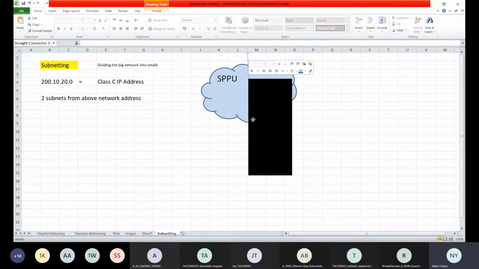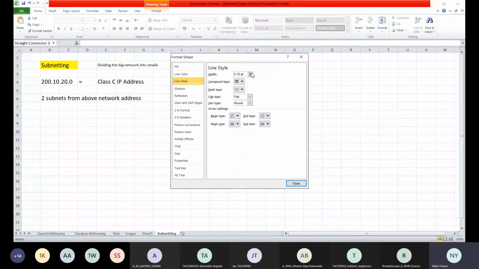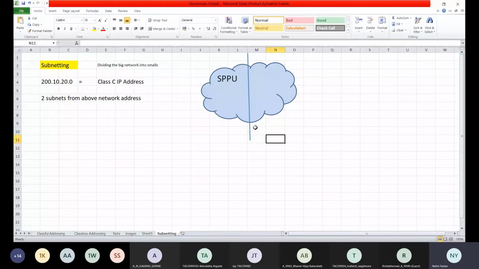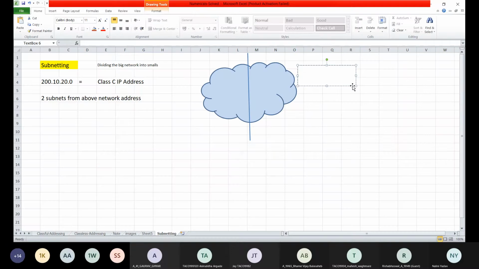Let us denote it pictorially. See, here is how I'm dividing my complete network. It was my SPPU network, correct? So let me say this is my SPPU, a complete SPPU network. This particular complete network I will be dividing into two parts.